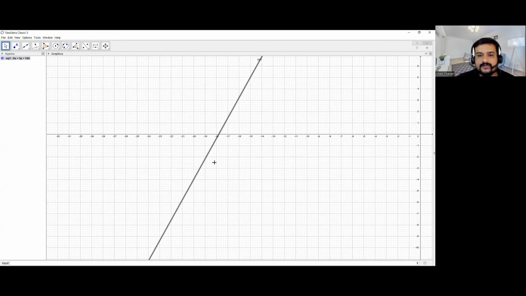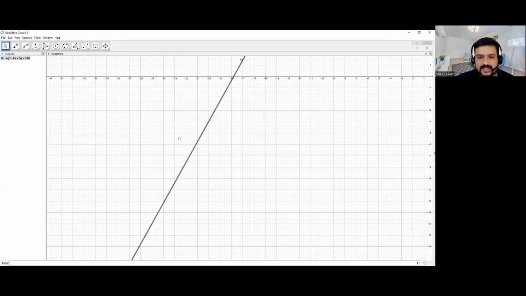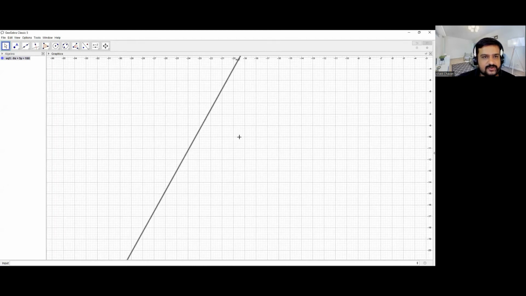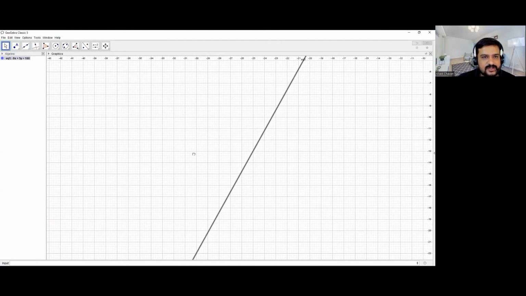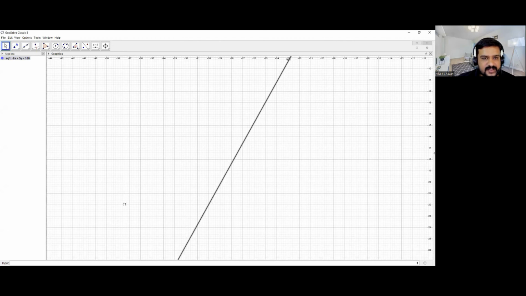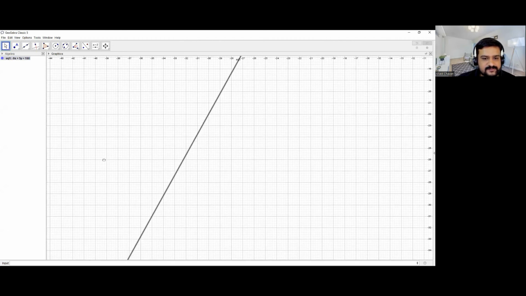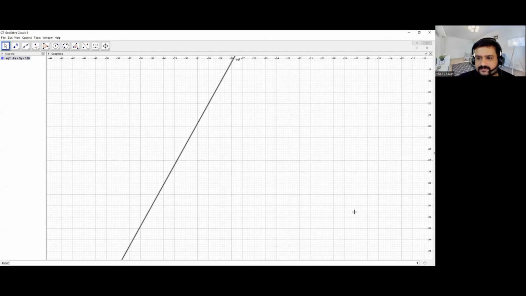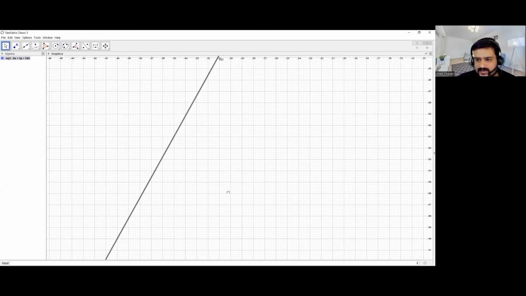And one more coordinate we had found, minus 40. Let's check it, whether it is correct or not. See, this is minus 40's line. See, this is minus 40, this point.